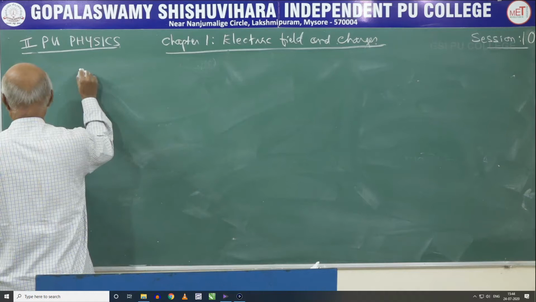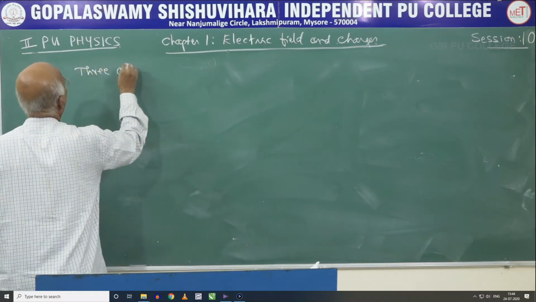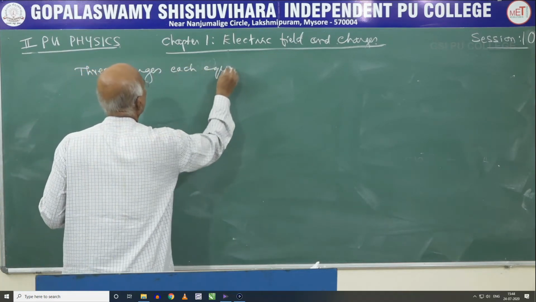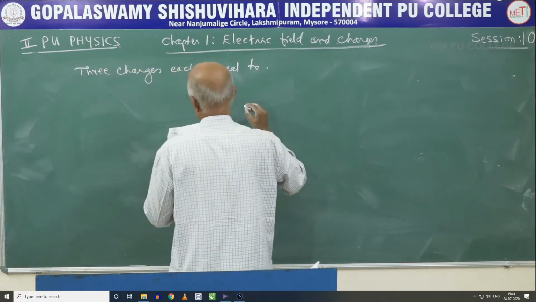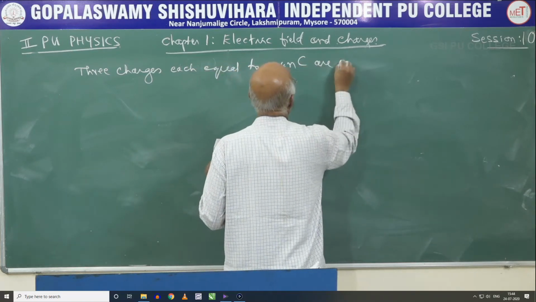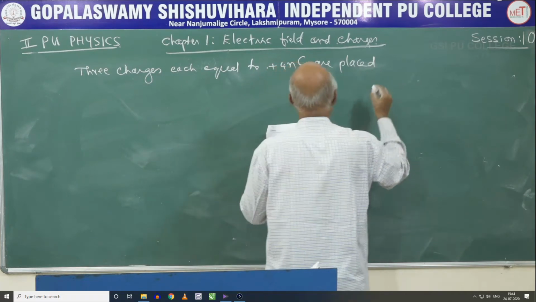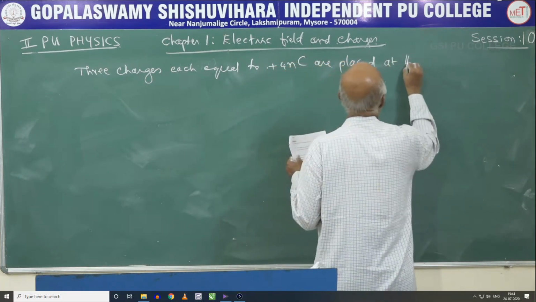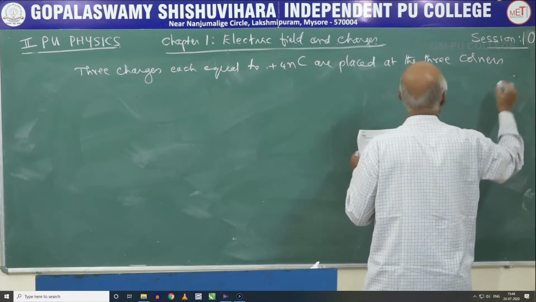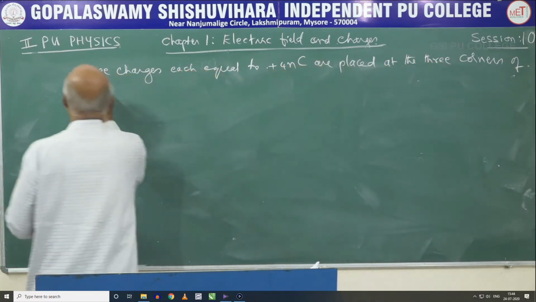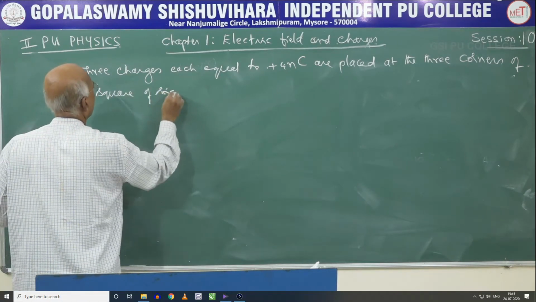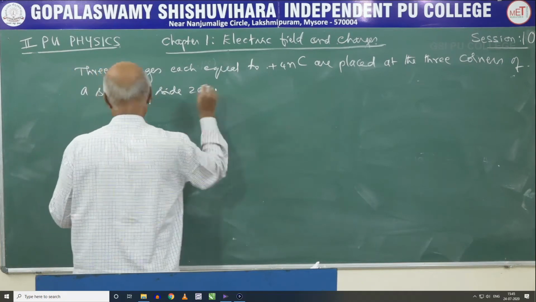Now the second problem: 3 charges each equal to plus 4 nanocoulomb are placed at the 3 corners of a square of side 2 centimeter.